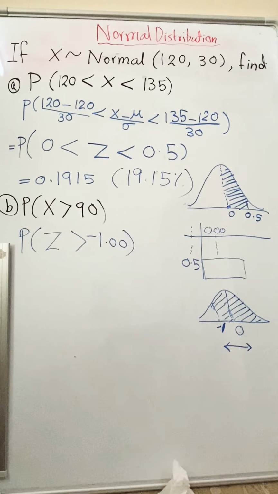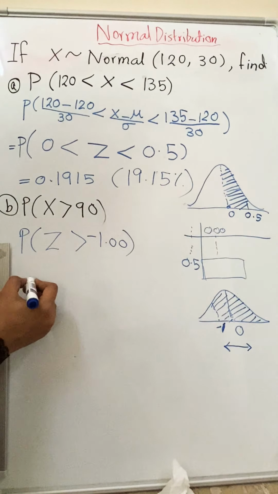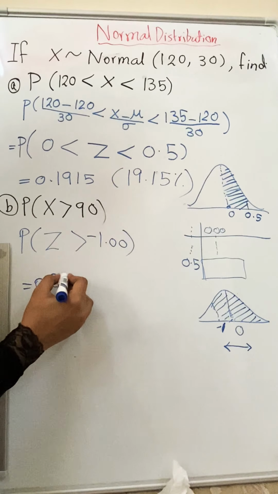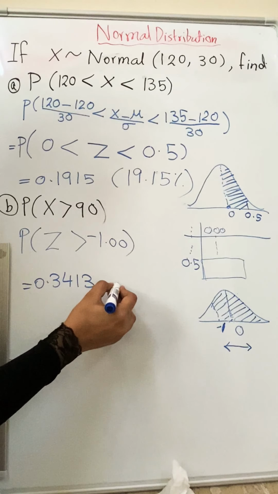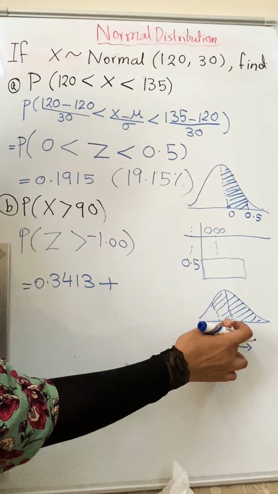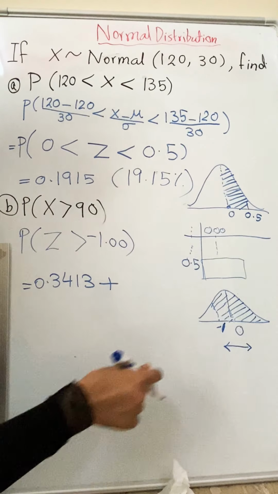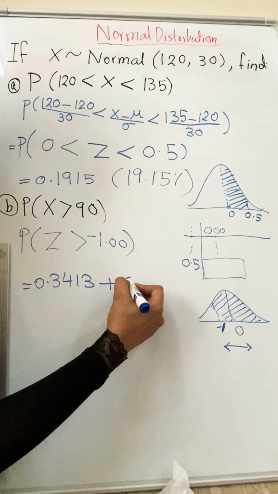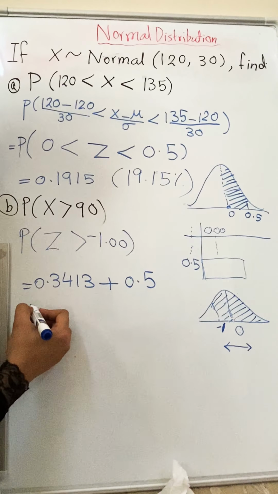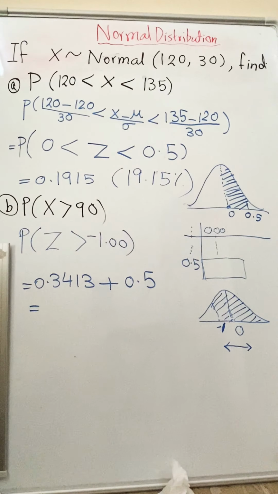It is equal to 0.3413, plus we can get the area from here to the end. This area is equal to 0.5. Okay, so your final answer is equal to 0.8413.